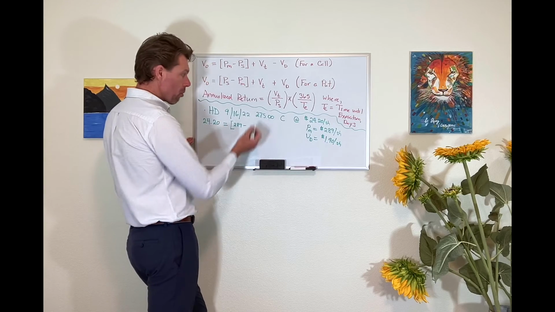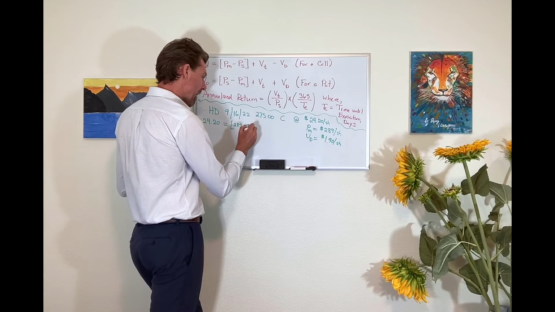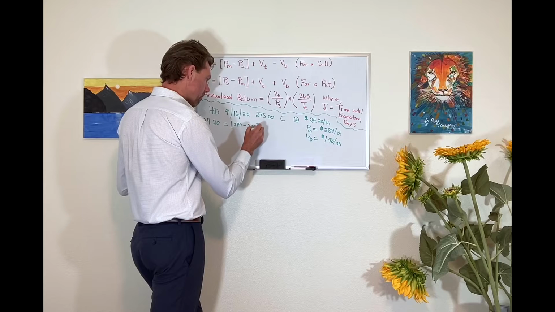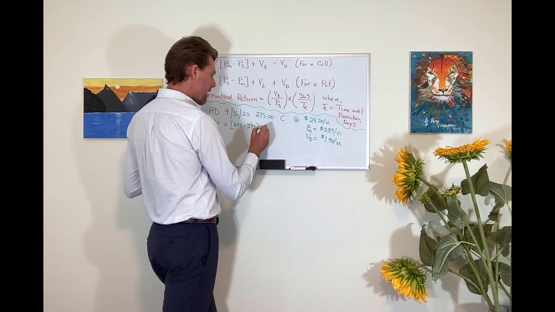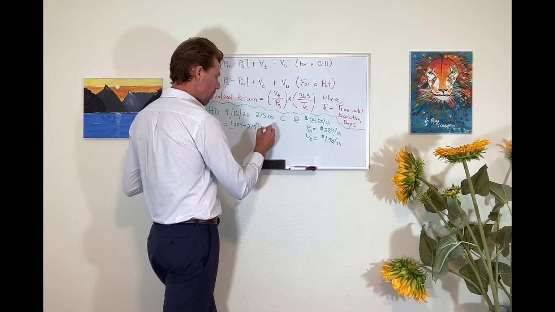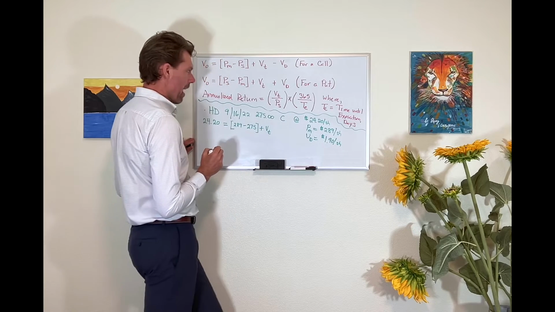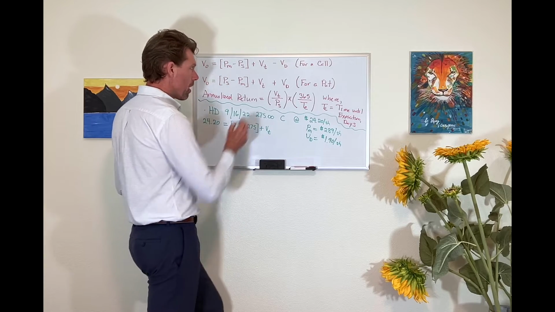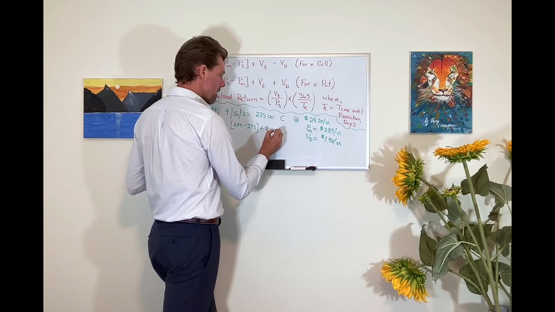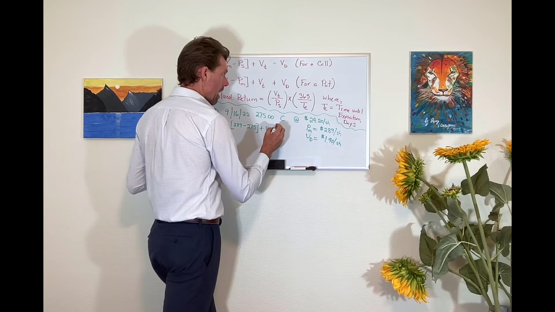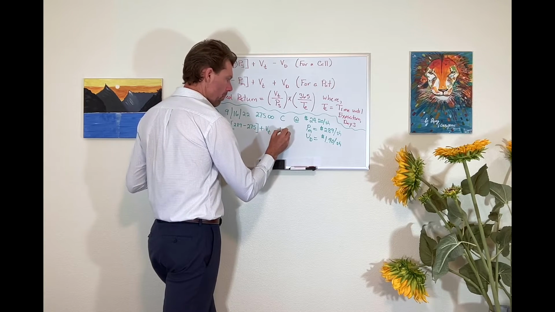What's the strike price? Well, that now is 275. Plus VT, we don't know what that is. That's the unknown time value component. Minus, because this is a call option, the dividend value, which is 1.9.